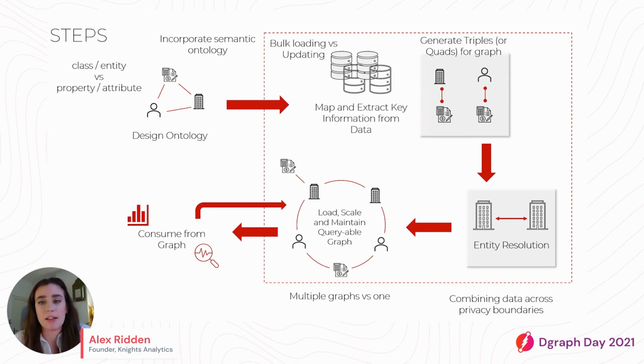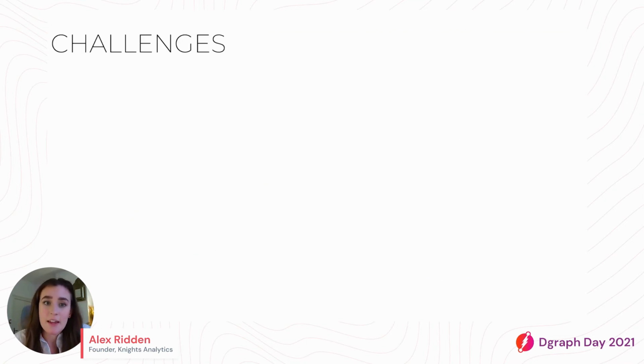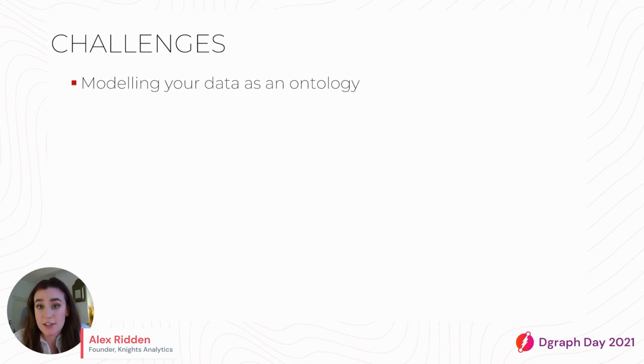The first one being the designing of the ontology. So firstly, you will have to model your data as an ontology, and there are some subtle but important questions that you'll have to ask yourself here. My first example is, when you have a person with a passport, is that passport a kind of attribute of that person?